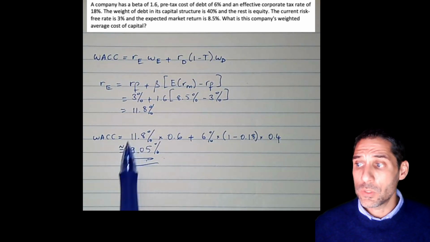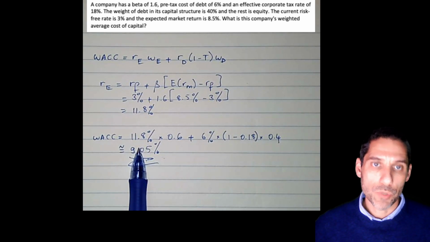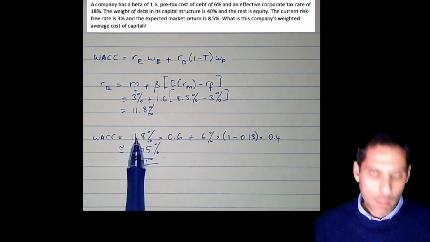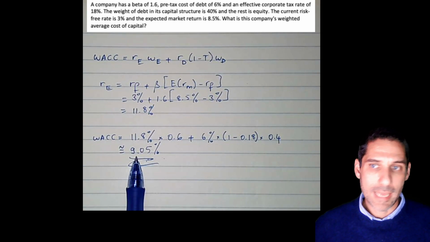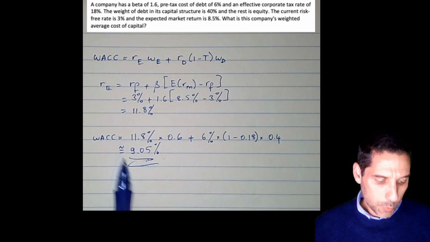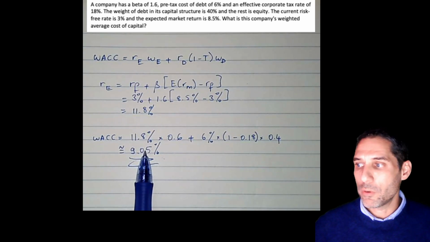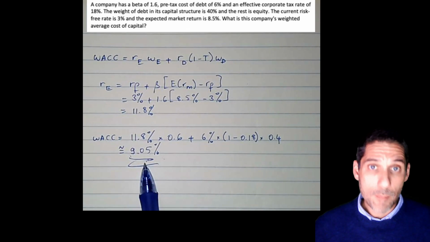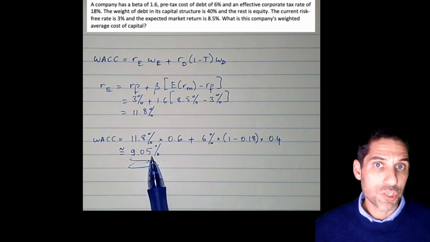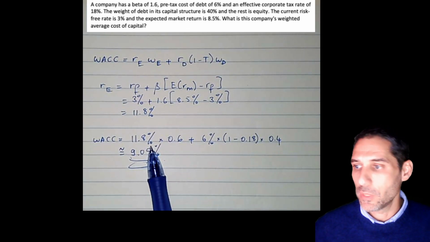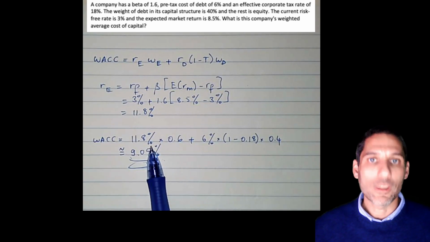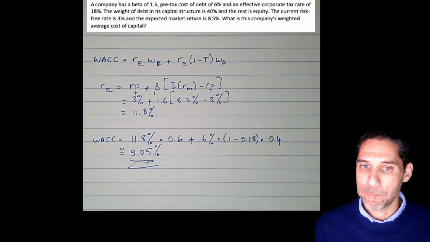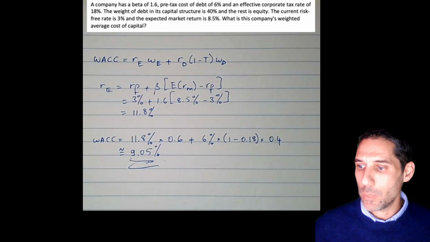Or this is the discount rate we would use to see if a project has a positive NPV or not. Or in IRR, capital budgeting analysis, we would require projects to have a return greater than this. So capital cost for this company, 9.05%, its projects must return better than this to create value for the company and to be acceptable. Okay, so that's weighted average cost of capital.